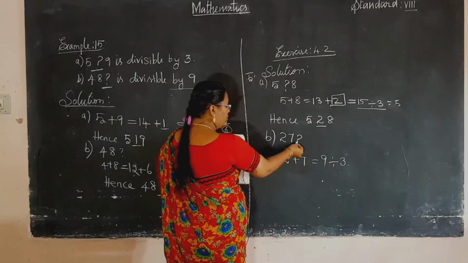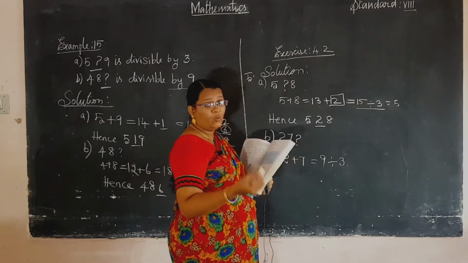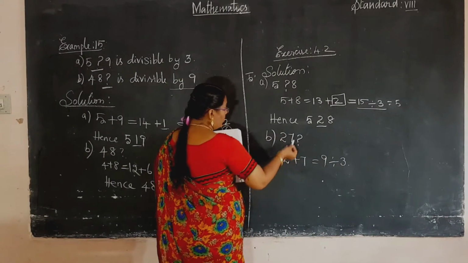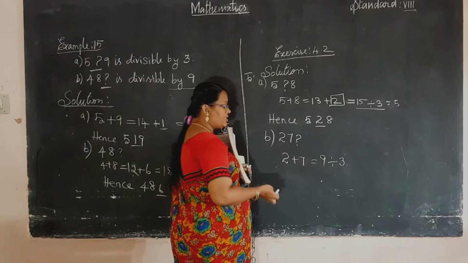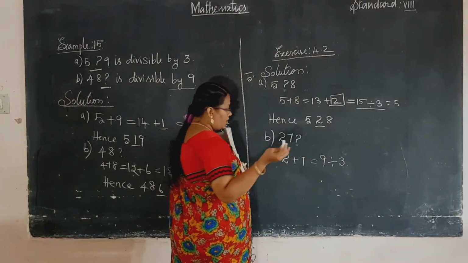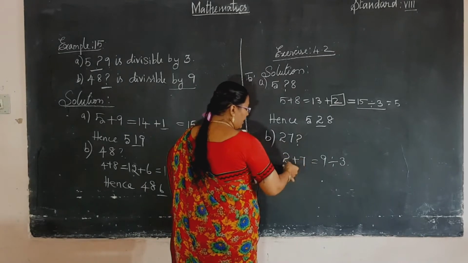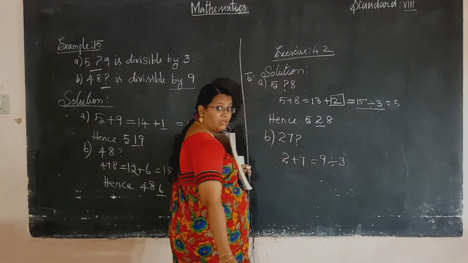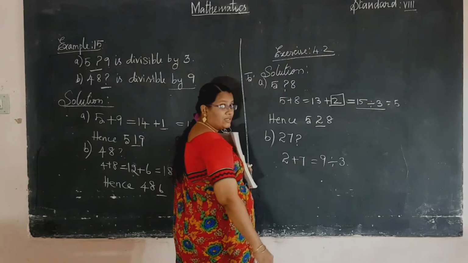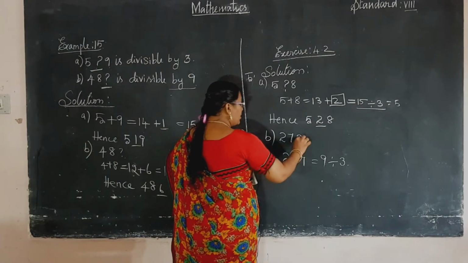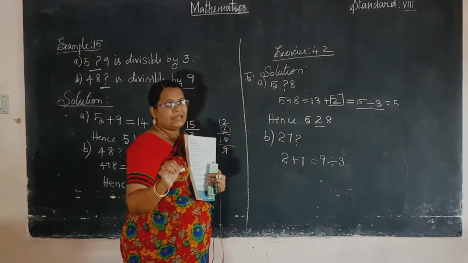So here you may specify any one number. Which number can we put in this place? 0. If we put 0, we get 270, and 270 is also divisible by 3.